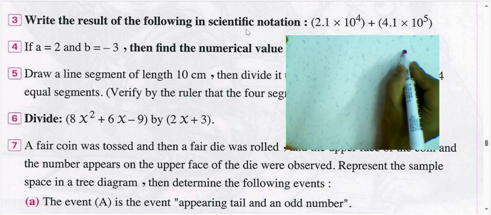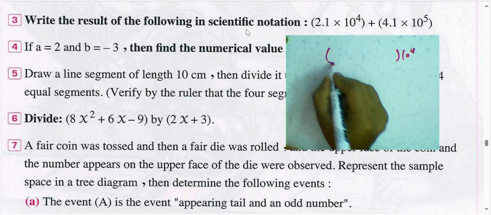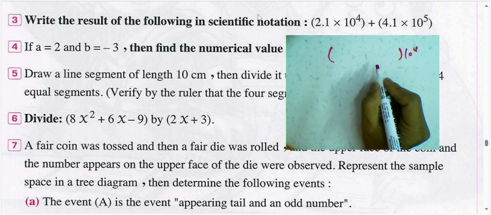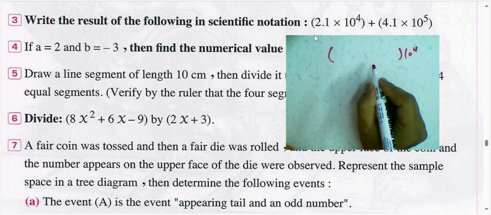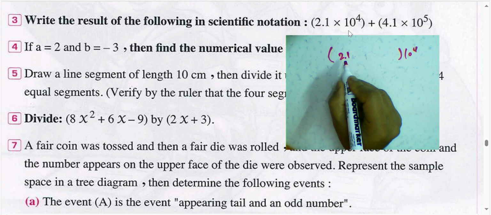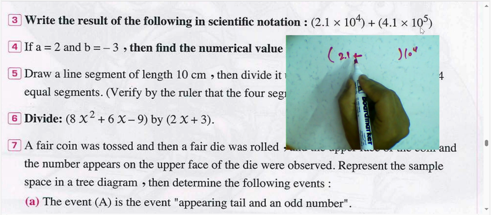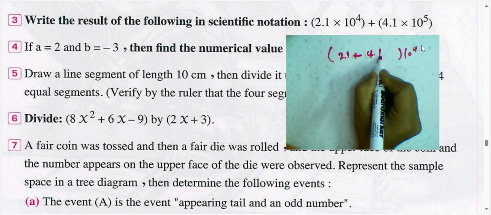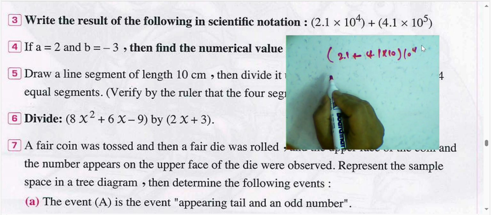We can write 10 to the power 4 outside here, and then divide the expression by 10 to the power 4. 10 to the power 4 divided by 10 to the power 4 equals 1, 1 times 2.1 equals 2.1. For the other term, 10 to the power 5 divided by 10 to the power 4 will be 10. Then the remainder will be 4.1 times 10.